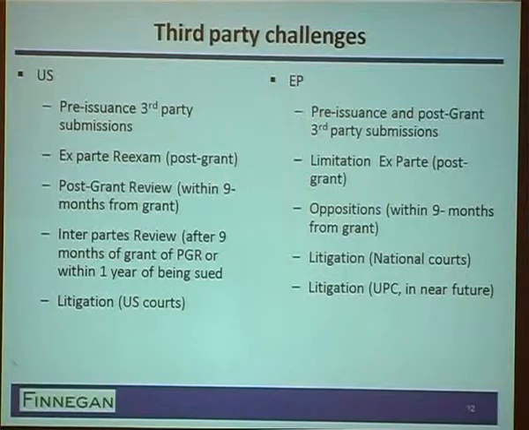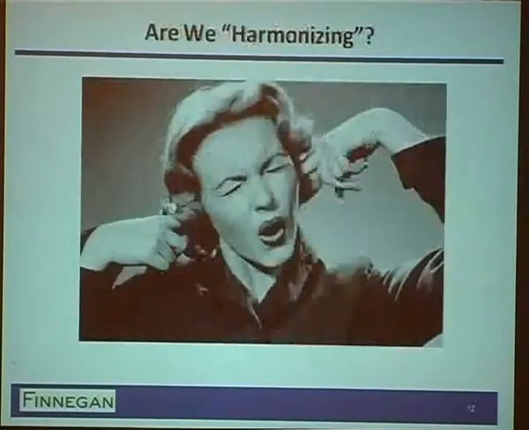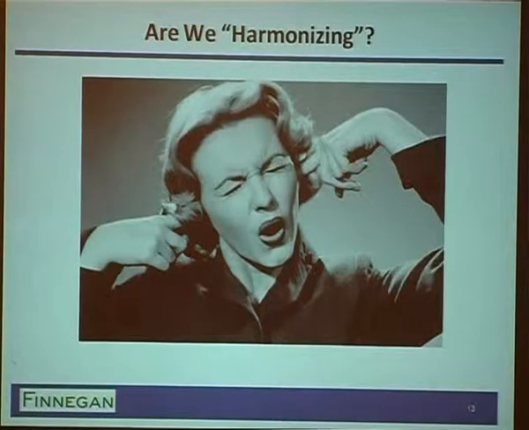In the US, you also have a litigation system, in the national courts, and probably in the future you will also have it at the European Patent Court. So you might ask, with all this harmonization, maybe they are trying to harmonize the systems, at least from the US and the European perspective. That ends my talk, and thank you very much.